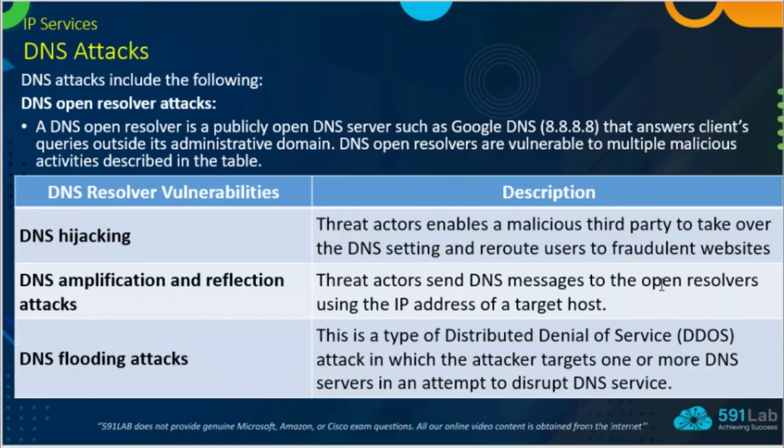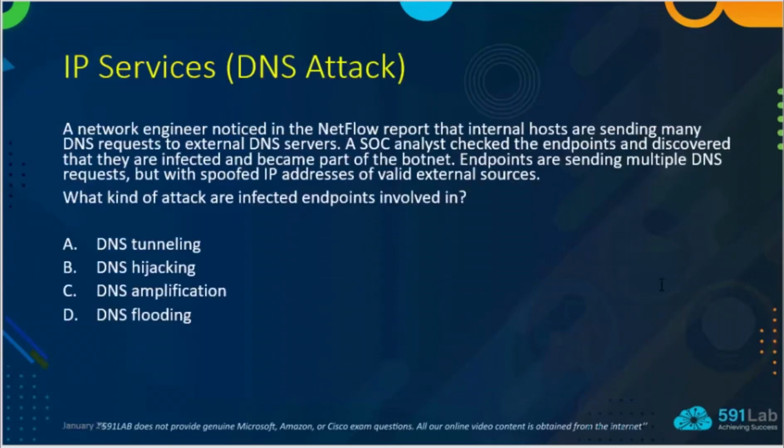So in this case, when an attacker sniffs into your network using your own IP address to send a request to DNS, that is DNS amplification, and that's exactly what happened in the case of our question here. So option C is our answer to this question.